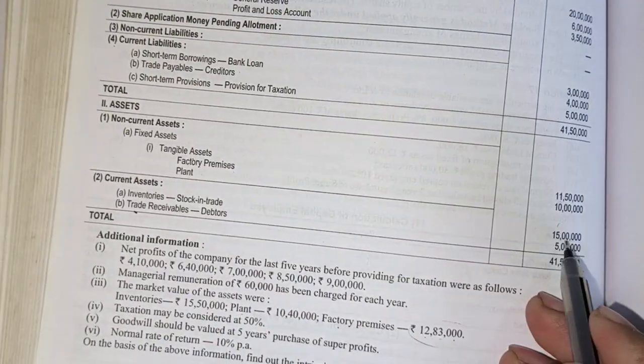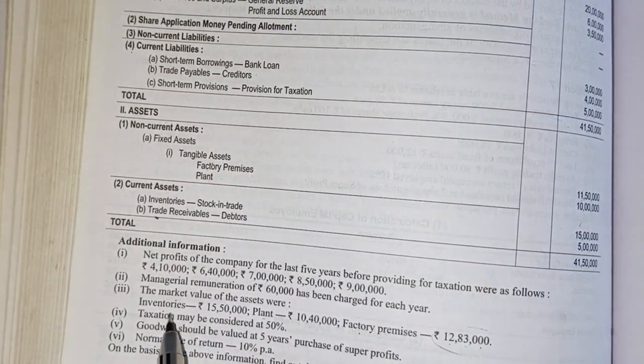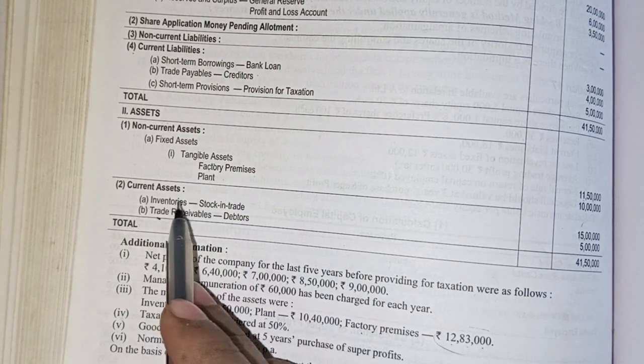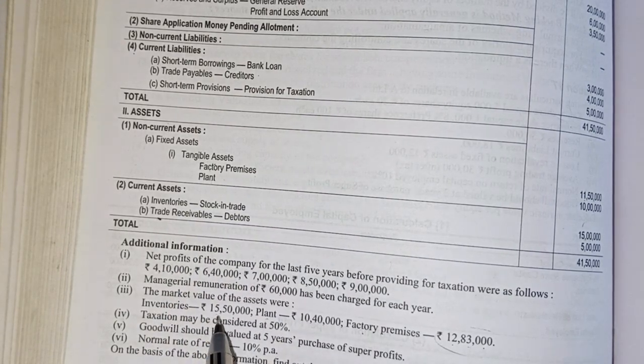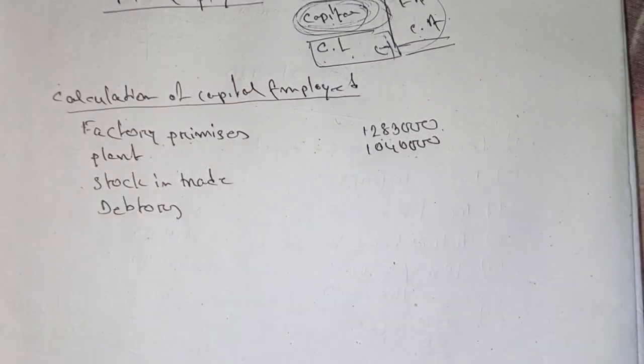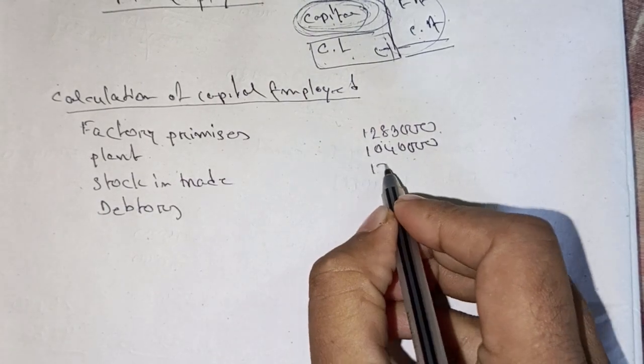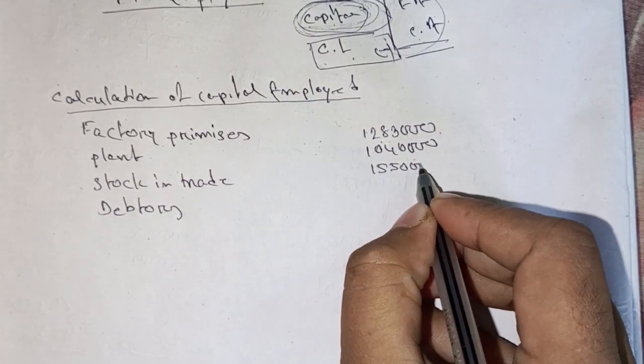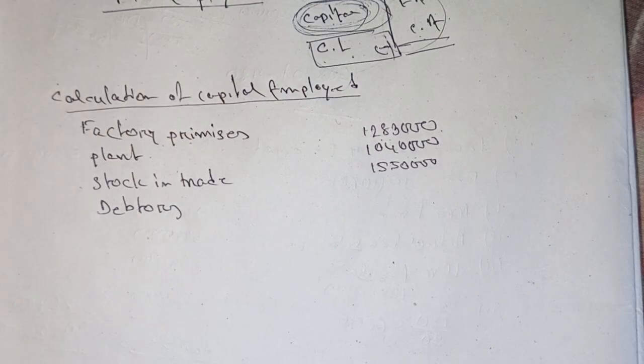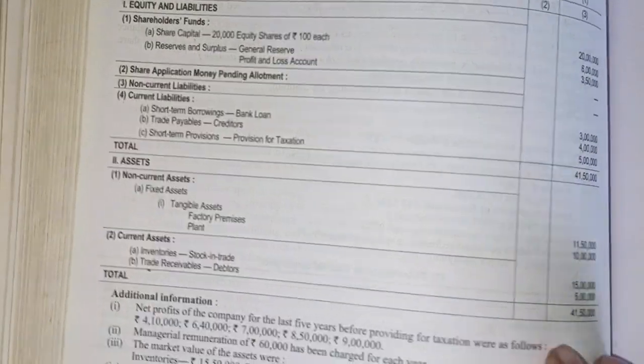Then stock in trade. Stock in trade is given 15 lakh. Here inventories means stock in trade, both are same. That is 15 lakh 50,000. Write it, 15 lakh 50,000. Another is debtors. How much debtors is given?